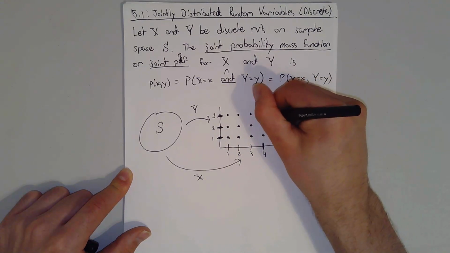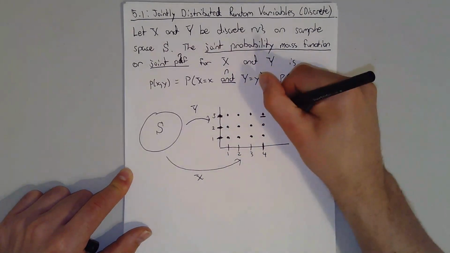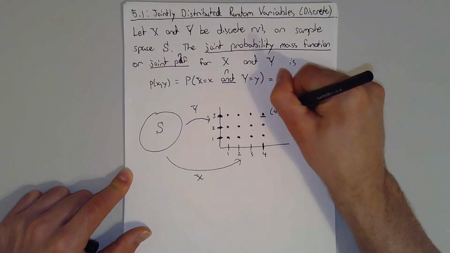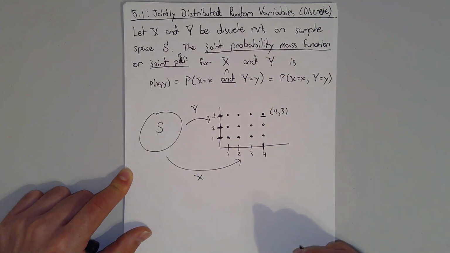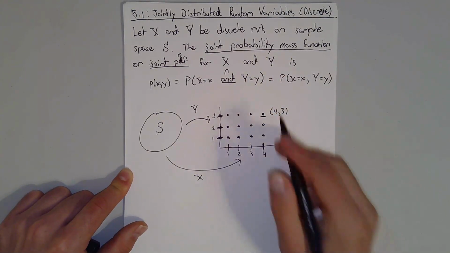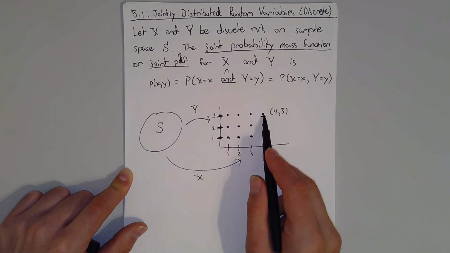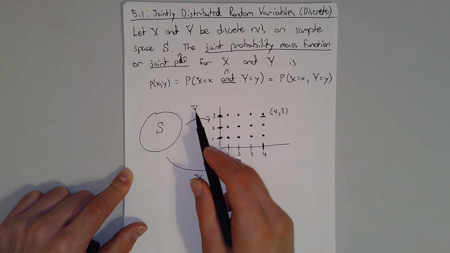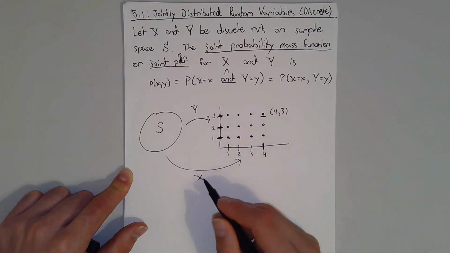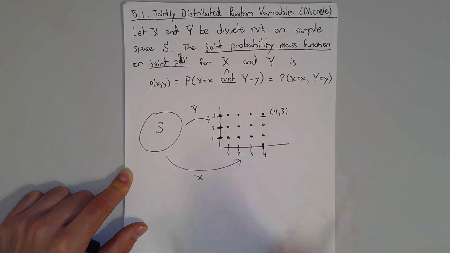Then this point that I've underlined here corresponds to the point (4, 3). And p evaluated at this point represents the probability that capital Y takes on the value 3 and capital X takes on the value 4.